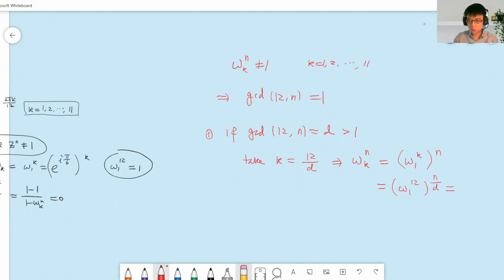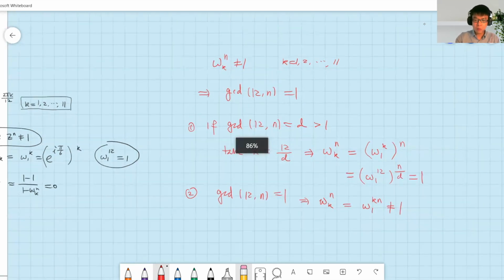So this equals 1. That's not allowed, so we cannot have GCD larger than 1. So we must have GCD equals 1. Here omega_k equals omega_1^k, and n does not have a common factor larger than 1 with 12, so this can never be 1, and that's easy to check.